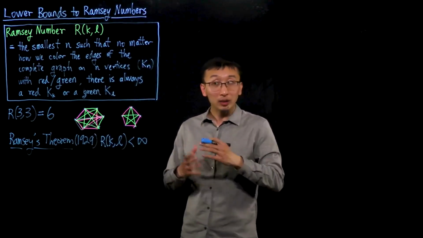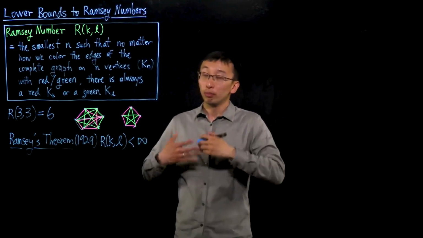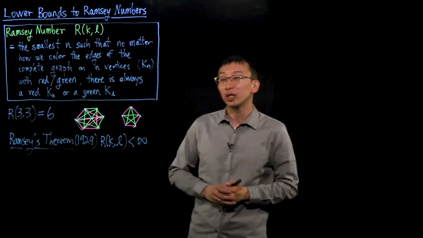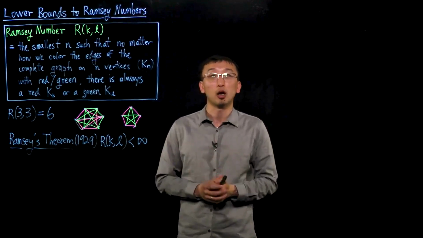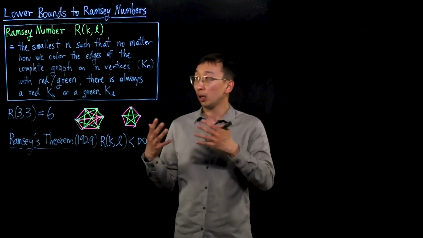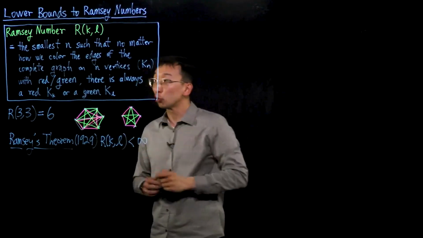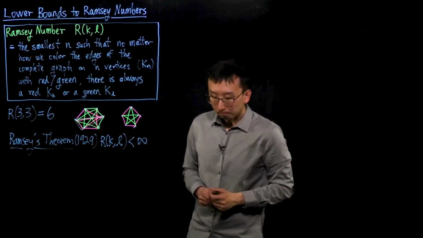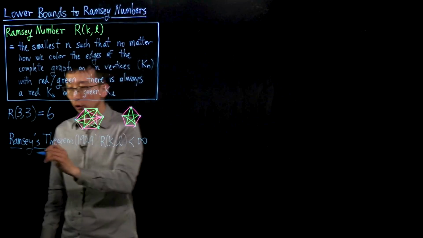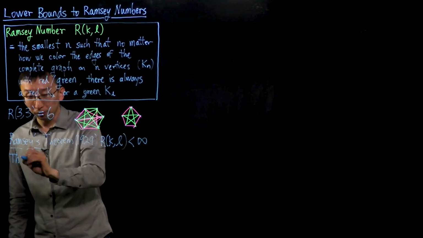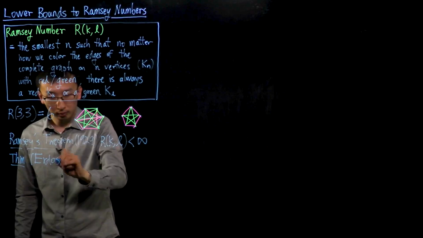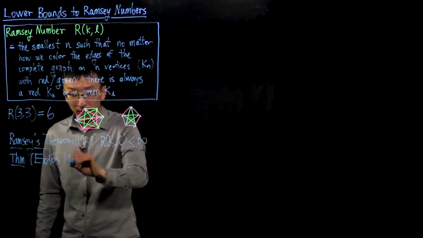So as long as n is large enough, no matter how we color the edges of a complete graph on n vertices, there always exists a large monochromatic clique, either a large red K clique or a large green L clique. What I want to prove in this video is the following theorem due to Erdős from the 1940s.